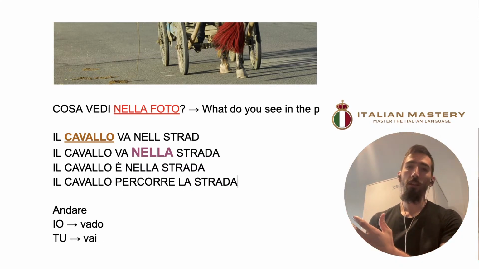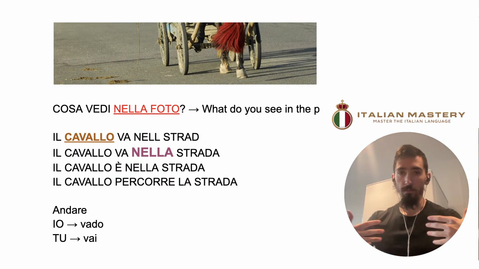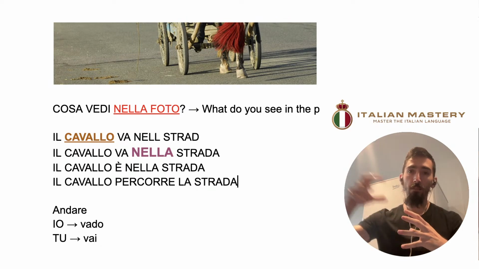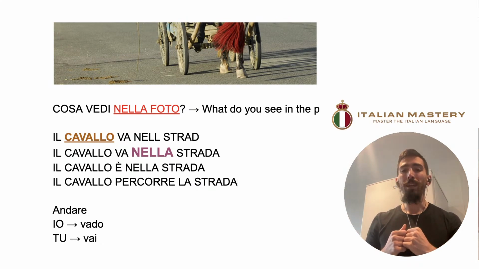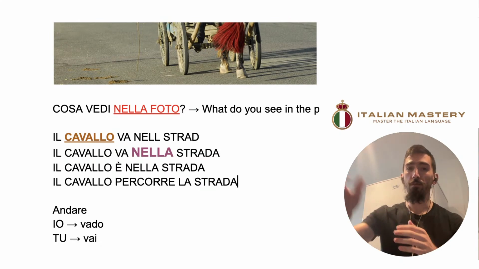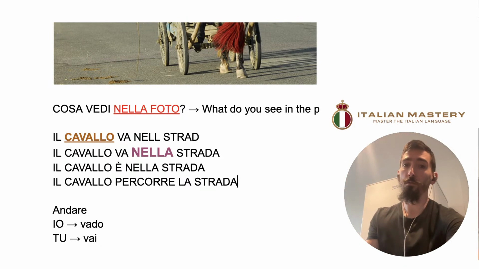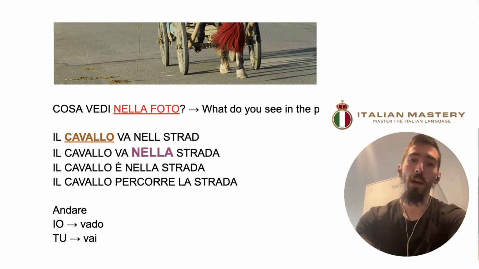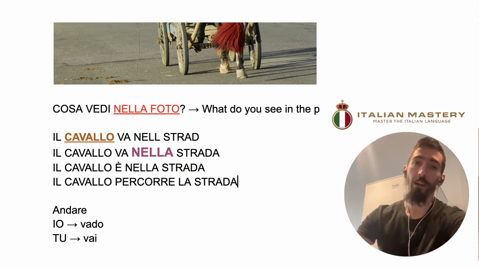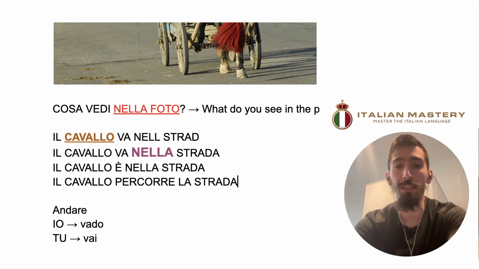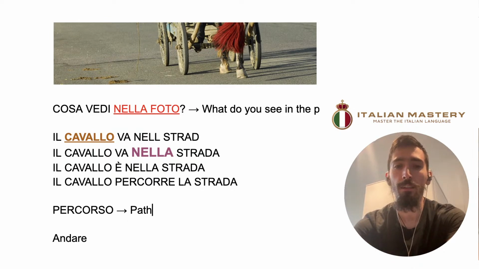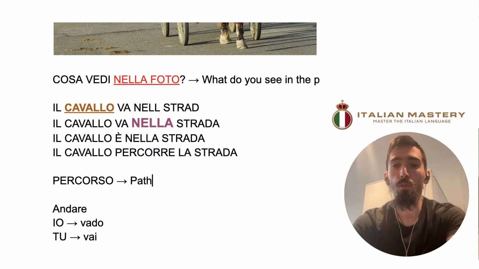Percorre, it means it's going, it's moving from A to B. Percorre, so goes along the road, right? It's not crossing the road, it's going along the road. Percorre comes from percorso, right? Path. Percorso means path. Il cavallo percorre la strada.